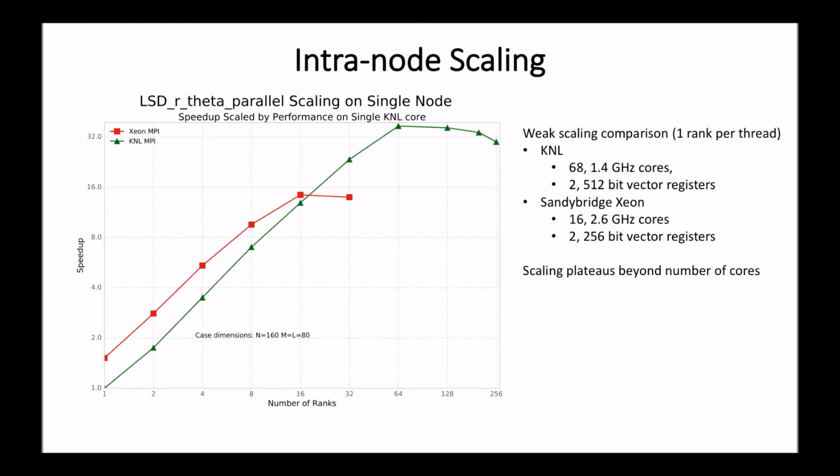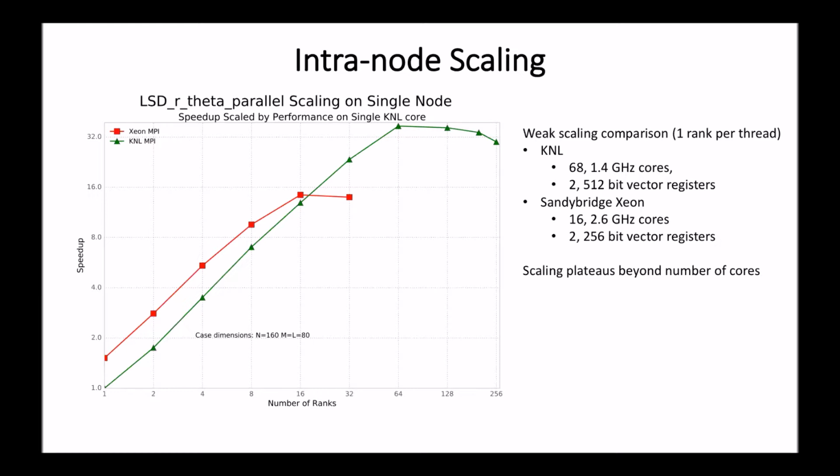It's interesting to note here that the KNL surpasses or almost meets the performance of Sandy Bridge at 16 ranks. This is somewhat interesting because the Sandy Bridge Xeon cores are almost twice as fast as the KNLs.